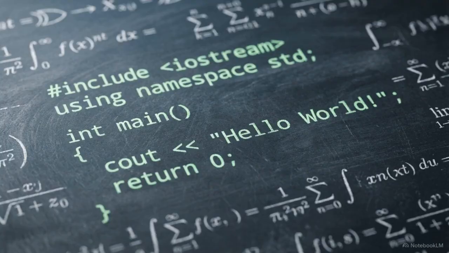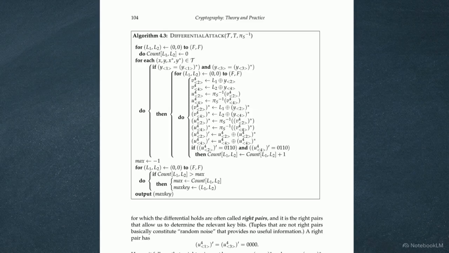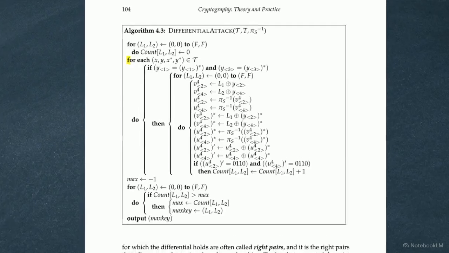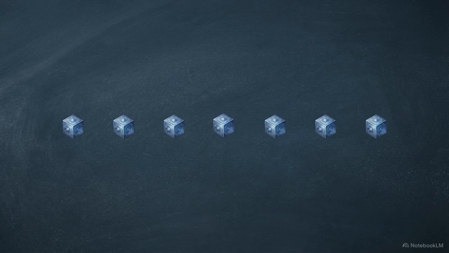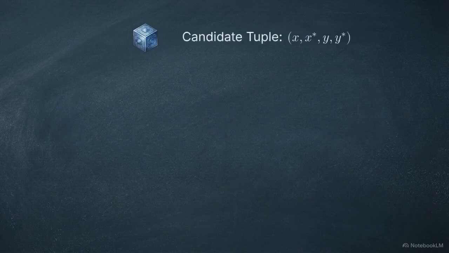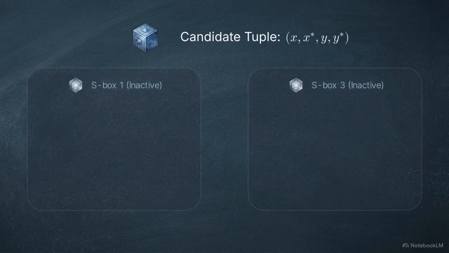With the theoretical probability model established, the next phase is writing the software to execute the attack. Algorithm 4.3 dictates how we use the theoretical trail to statistically filter out the correct final subkey. The code begins with a major loop, iterating over every intercepted tuple of plaintexts and ciphertexts. The algorithm's immediate goal is to identify a right pair, a specific tuple whose data successfully navigated our calculated differential trail.